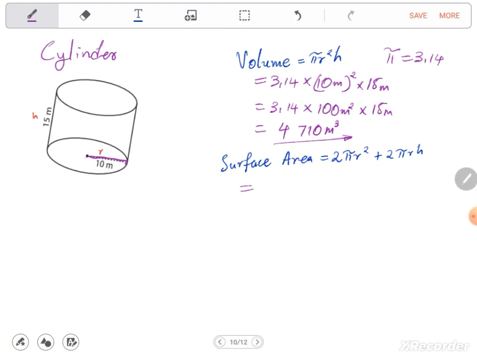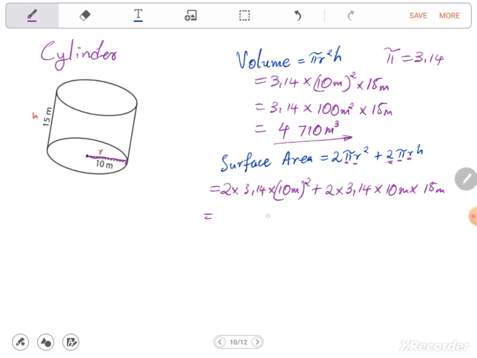Now the surface area, we will say the surface area is 2 times pi, which is 3,14, times the radius, which is 10 meters, and we need to square that, plus 2 times pi, which is 3,14, times the radius, which is 10 meters, times the height of 15 meters.